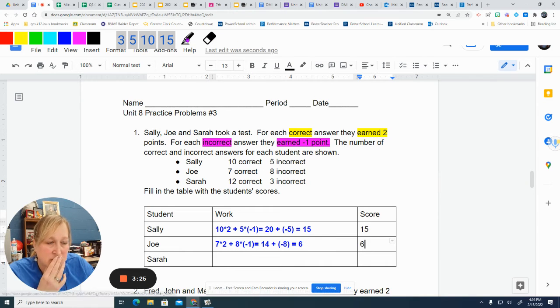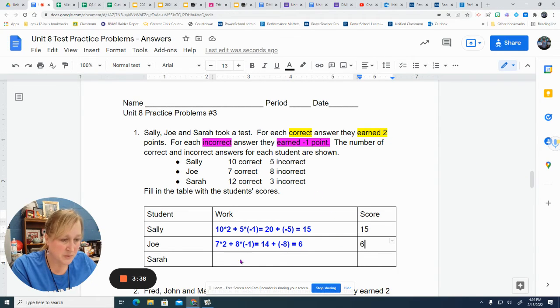All right, let's try to figure out Sarah's score. So Sarah scored 12 correct, and she got 2 positive points each, plus 3 that she missed. That's 3 times -1.